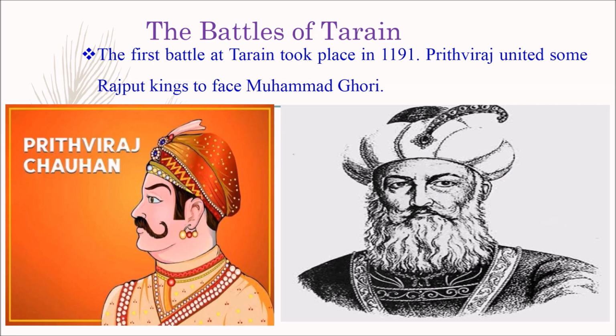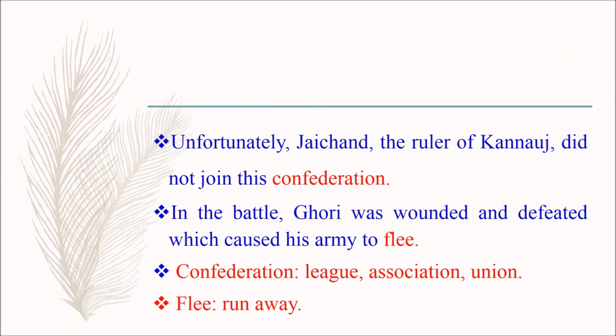Next, we are going to learn about the battles of Tarain. The first battle at Tarain took place in 1191. Prithviraj united some Rajput kings to face Muhammad Ghori. Here we can see the picture of Prithviraj Chauhan and Muhammad Ghori.